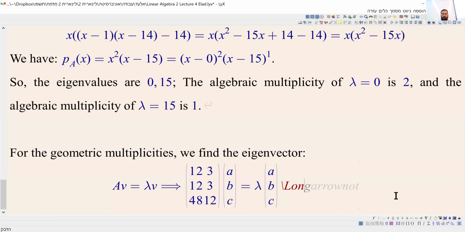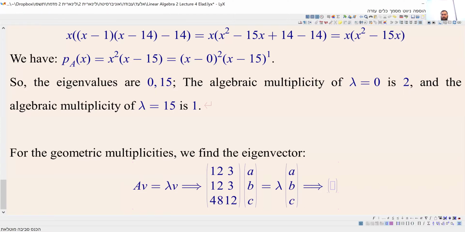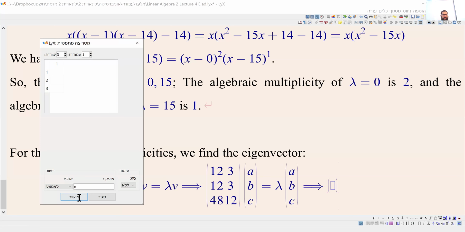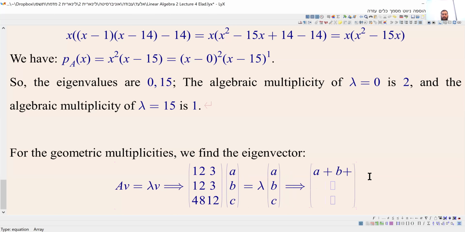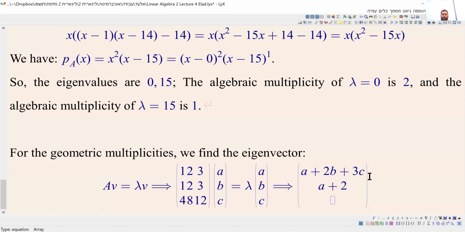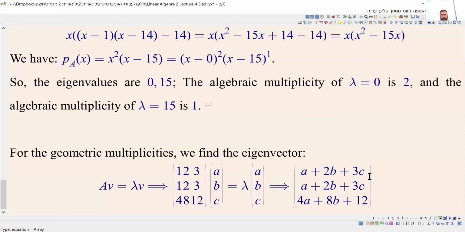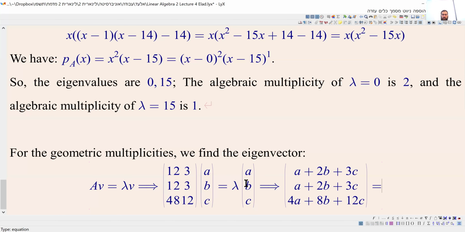We know how to multiply a matrix and a vector. So we have on the left side A plus 2B plus 3C, same with 4, 8, and 12. On the other hand, it's just lambda multiplying A and B and C.